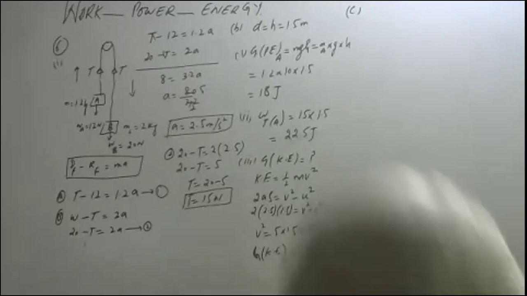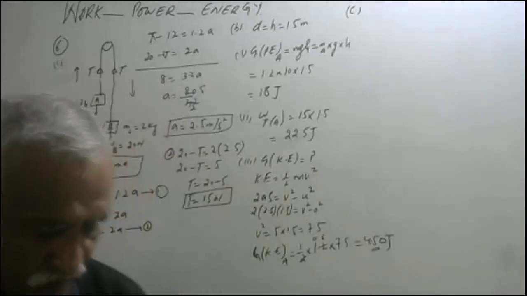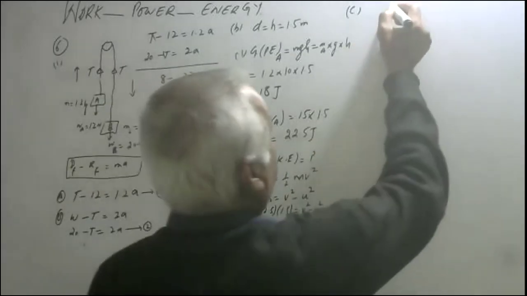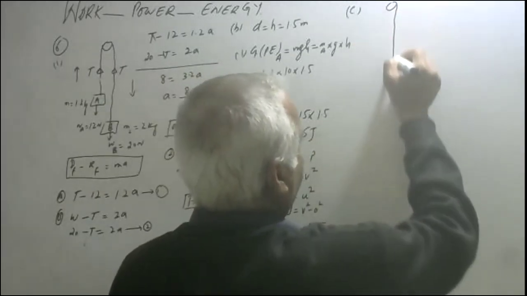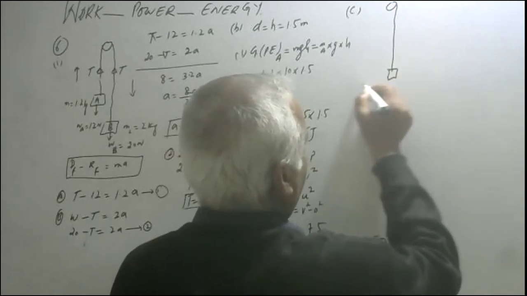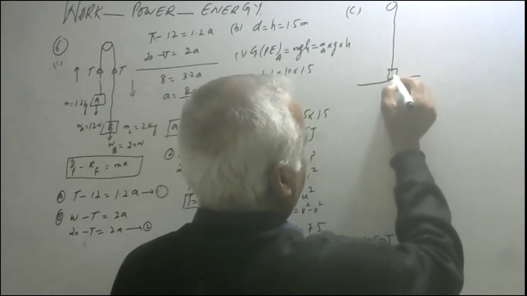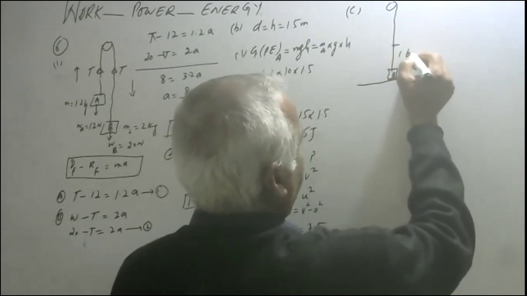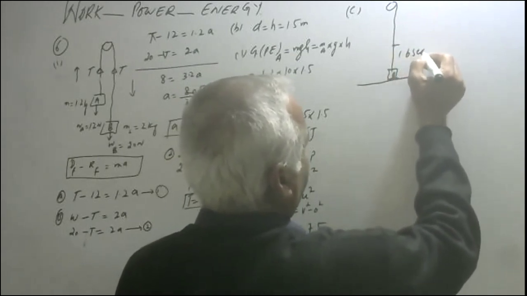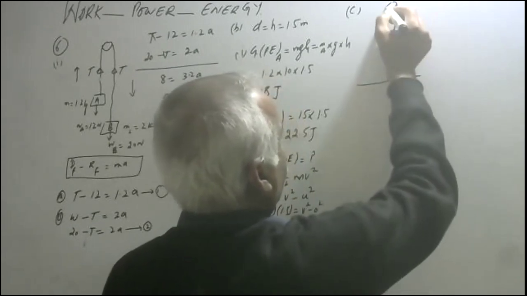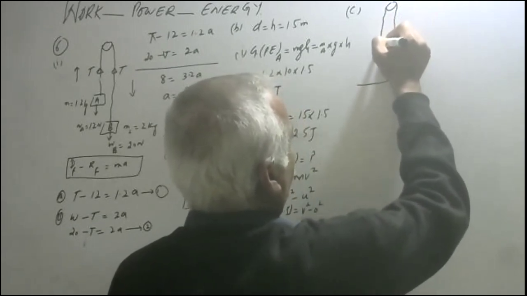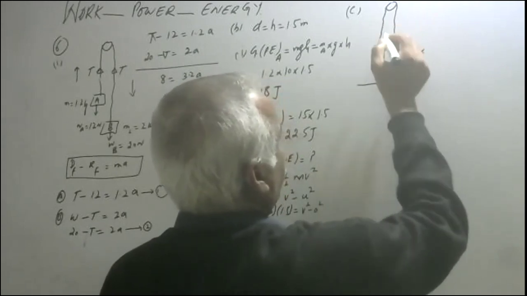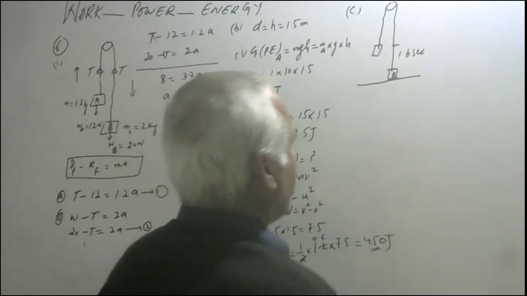So here is the pulley. B is going to hit the ground and it is 1.6 seconds it is going to take in that part. So A is going to move upward and then the strings will become slack and then it's going to be taut again.